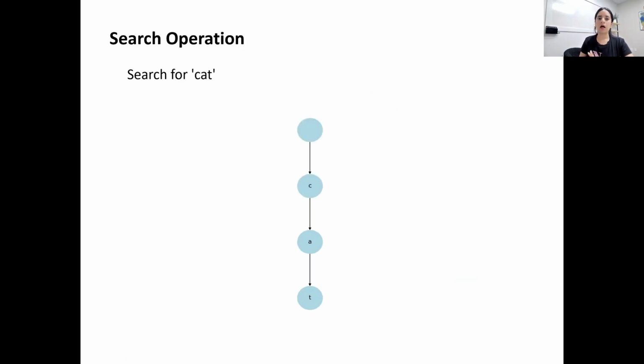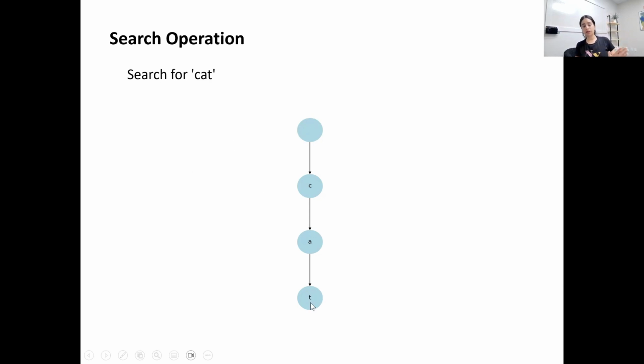Now for the search operation, we are initially here, and then it's going to see whether it has a letter C here. Obviously it does. And then we're going to check whether C has a child with A. It does. And then we're going to see whether A has a child of T. Of course it does.